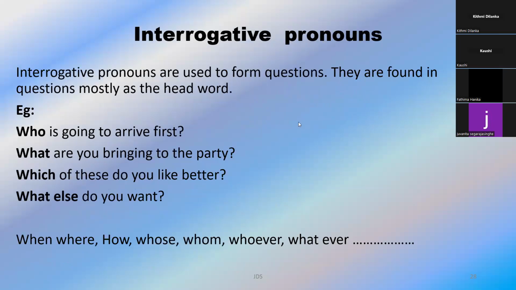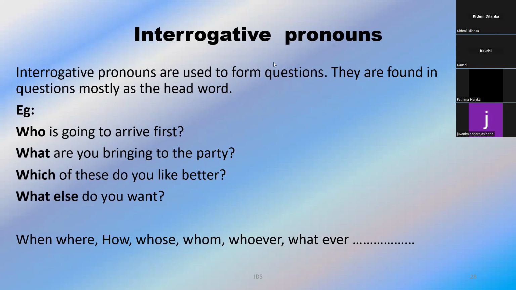Interrogative, basically question forms, WH questions. Used to form questions. They are found in questions mostly as the head word. Head word means the first word. Right?